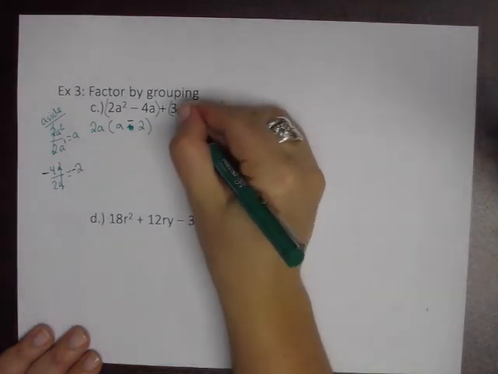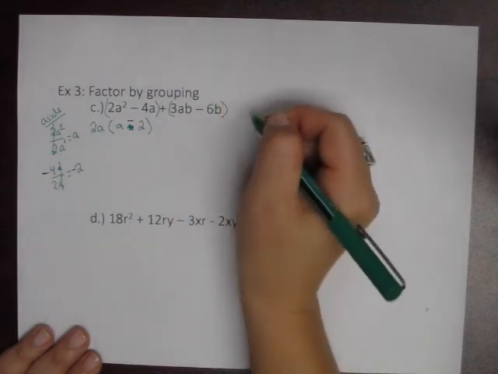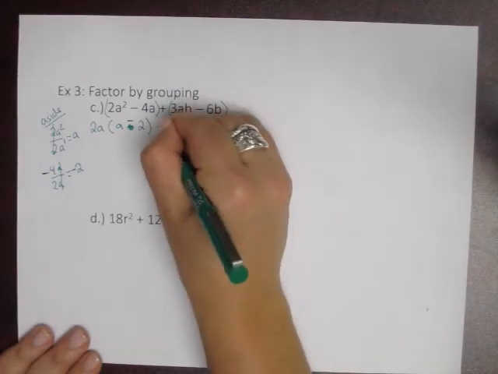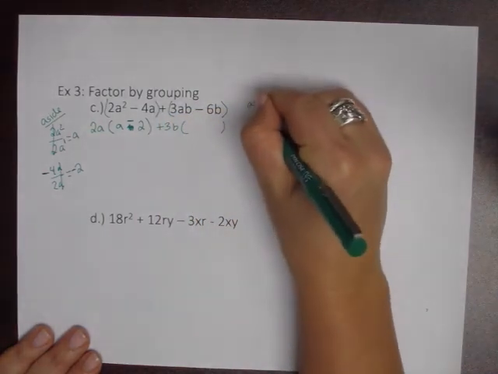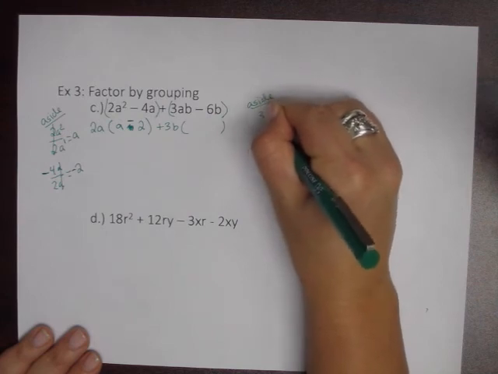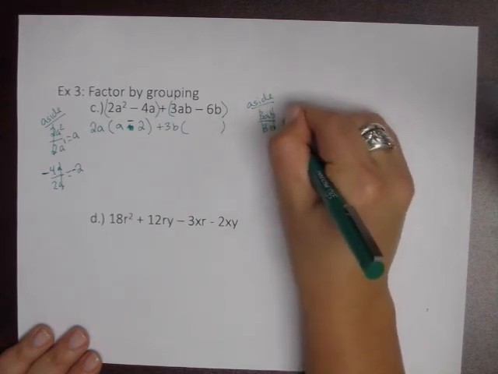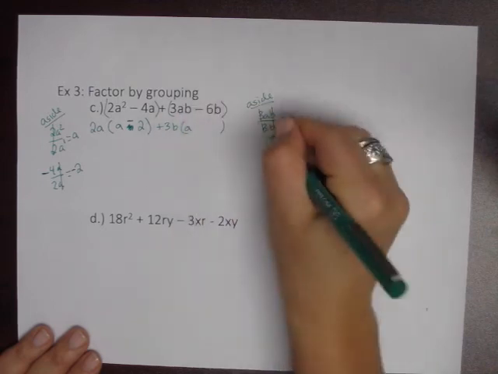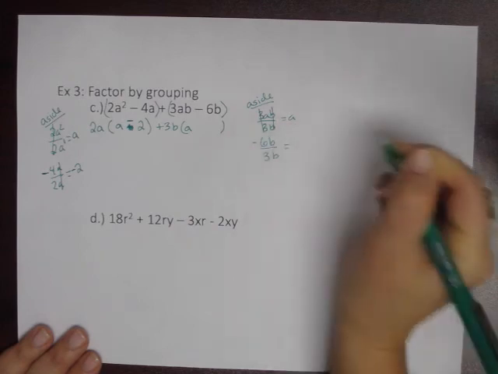Alright, so then we have 3ab minus 6b. So I definitely see that I have a b in common and a 3. So I go plus 3b. With my side work, I take 3ab, I divide it by 3b. The 3's cancel, the b's cancel, I'm left with a. Then I take negative 6b divided by 3b.